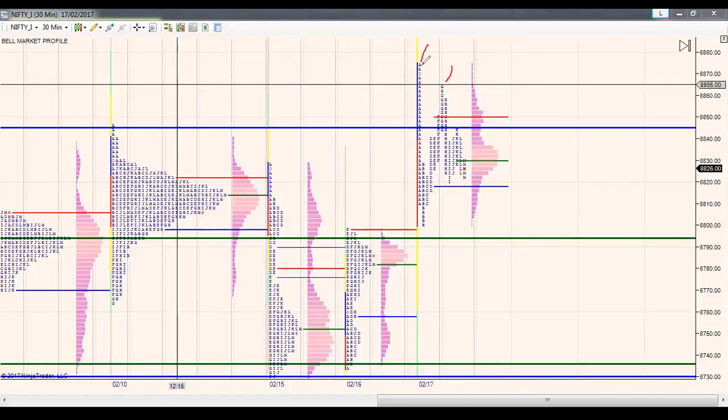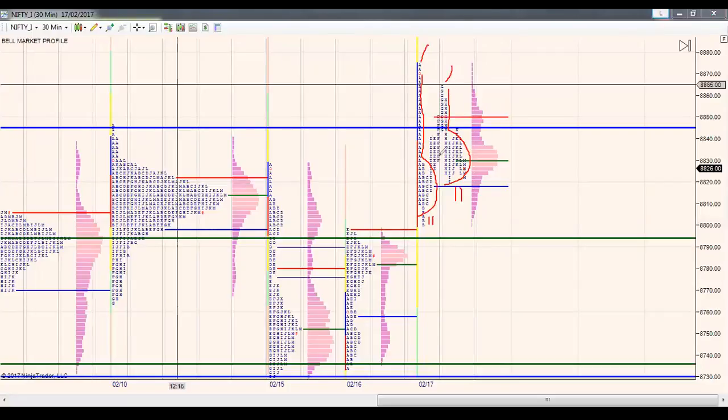Now, twice rejecting above this particular level might give bears some confidence, but we all know that we need to find what the structure is telling us, and the structure tells us that every time the bears tried to mark the prices down, we had a B-shaped profile. So it means that strong smart money was accumulating from these bears.